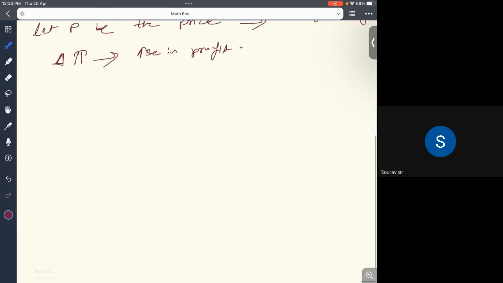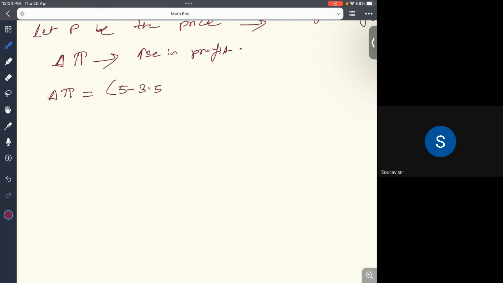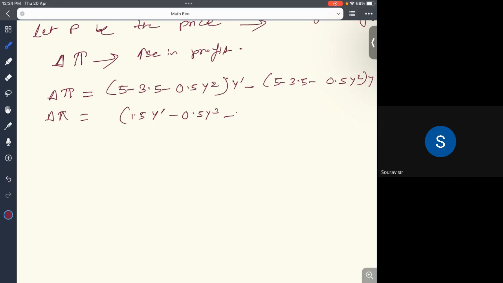So if we construct this, we can write delta pi is equal to (5 minus 3.5 minus 0.5 y square) into y prime minus (5 minus 3.5 minus 0.5 y square) into y. That means delta pi is equal to 1.5 y prime minus 0.5 y cube minus 1.5 y plus 0.5 y cube minus 1.5 y minus 0.5 y cube.